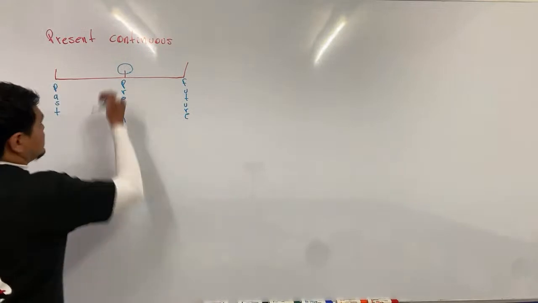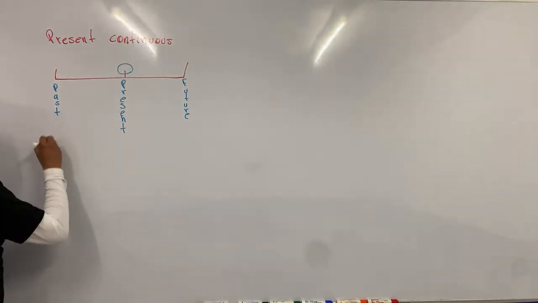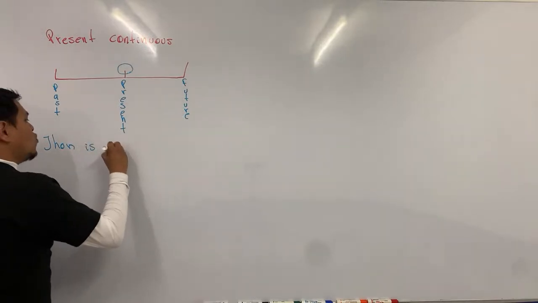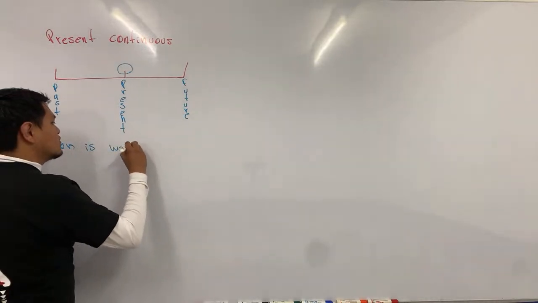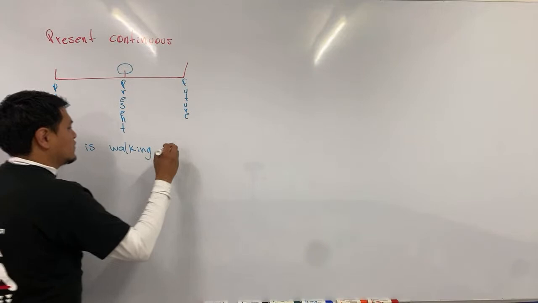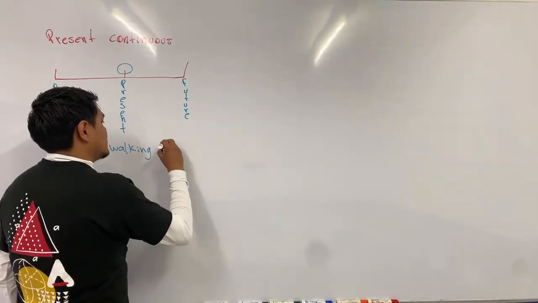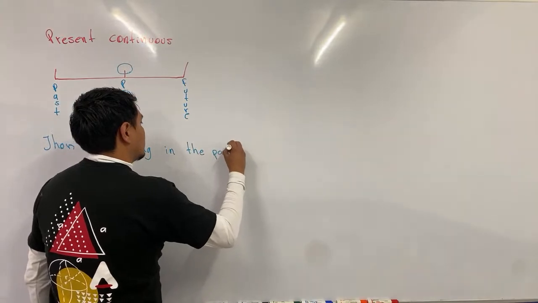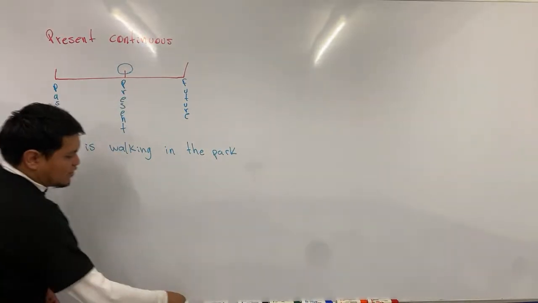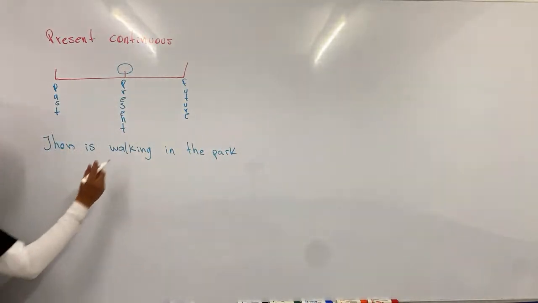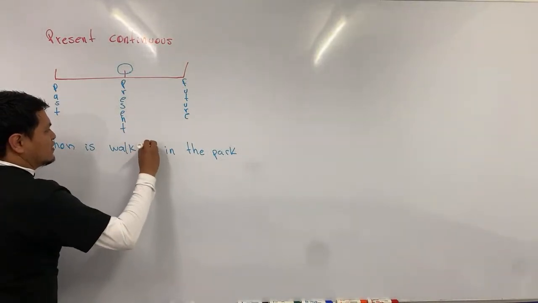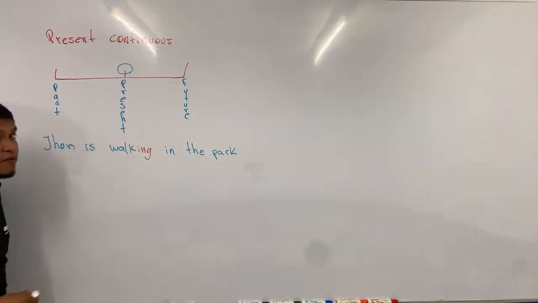For example, with present continuous, John is walking, right? Walking in the park. I mean, check this. The verb goes with the ending ing, right? This is the second part for this.